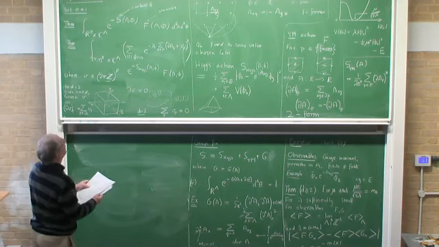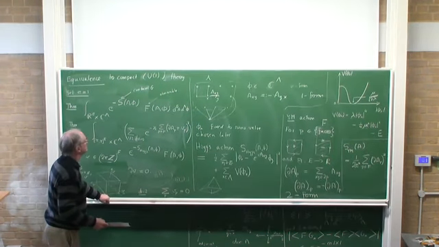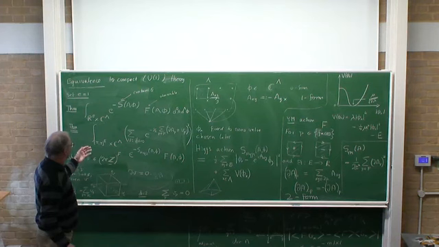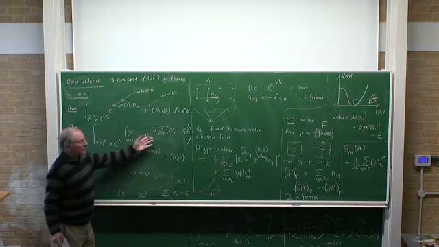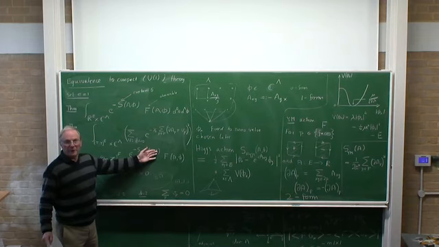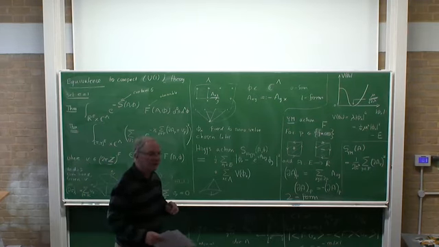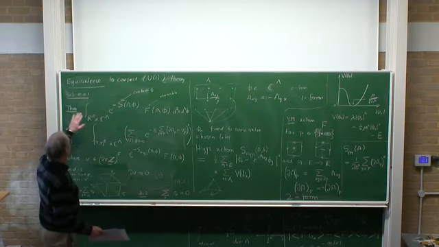Oh, I want to make one other remark. It's a very surprising thing. This is truly gauge invariant, compact gauge invariant. It's a claim, all right? I have to explain it a bit. So a very odd thing has happened here.